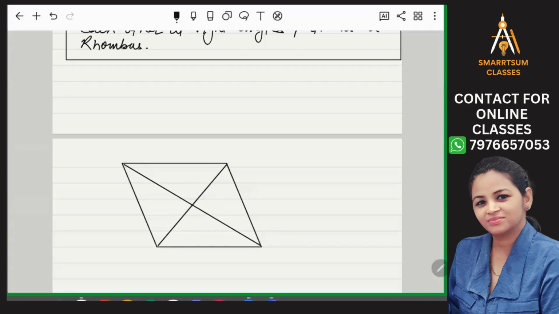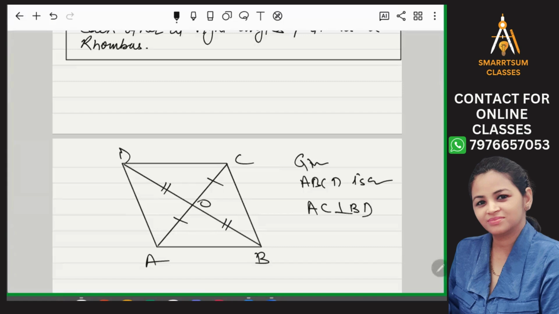ABCD is a quadrilateral, that is given. The diagonals AC and BD are bisecting each other. Suppose this is point O, meaning OA is equal to OC and OD is equal to OB. And these two diagonals are perpendicular to each other, meaning AC is perpendicular to BD. They form a 90-degree angle here, all 90 degrees.